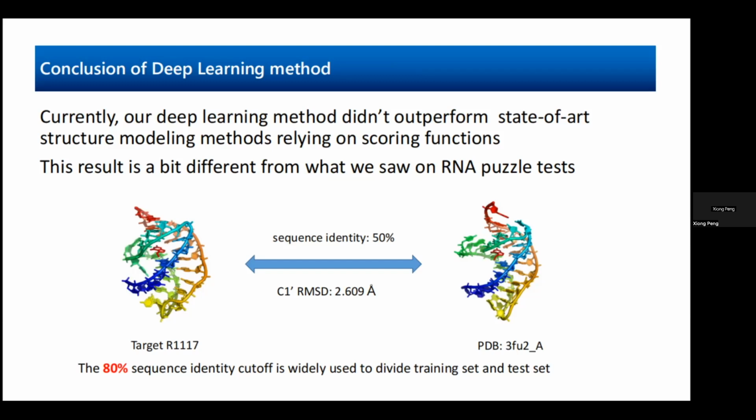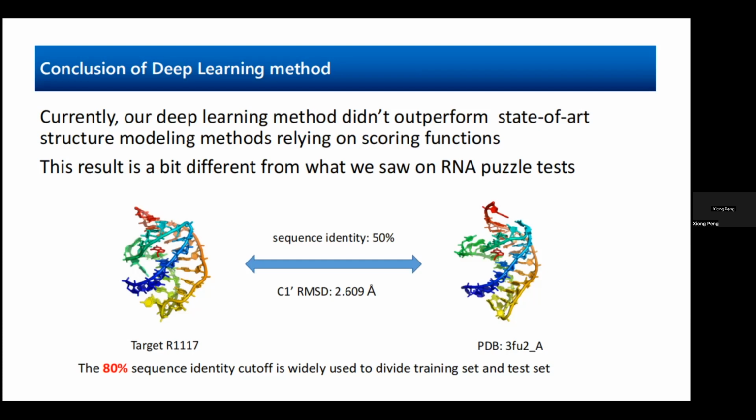For example, for our RNA target 1117, we found a homologous model in the PDB database, 3D U2. These two molecules have a sequence identity of only 15%, but the RMSD is 2.6 angstrom.